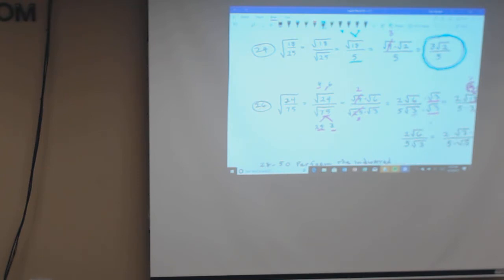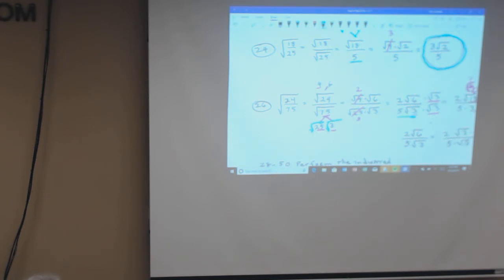Then radical 75 becomes the square root of 25 times the square root of 3. So maybe that would help to do that. So now my denominator is 5 times the square root of 3.